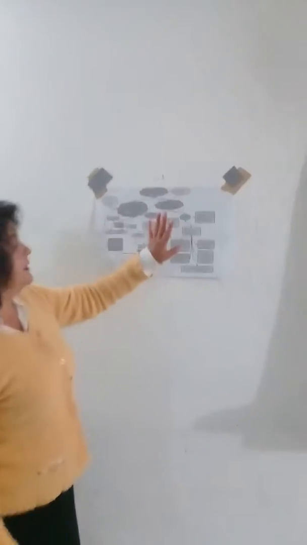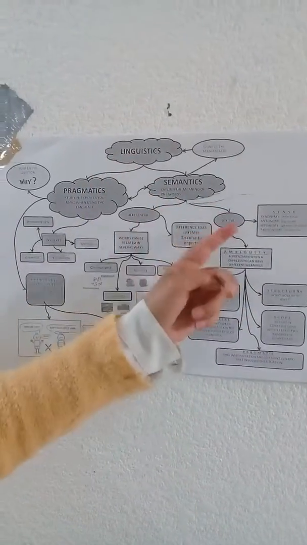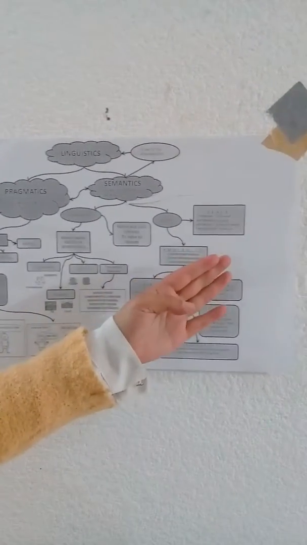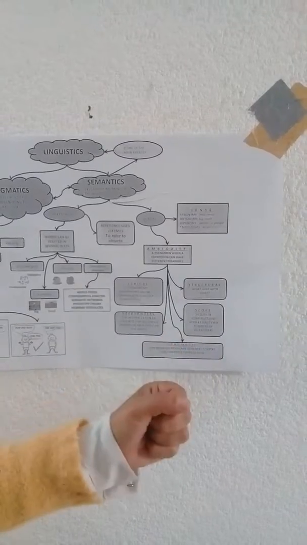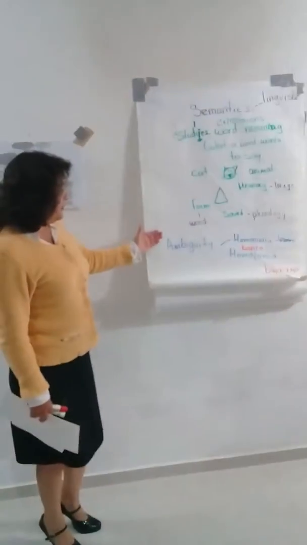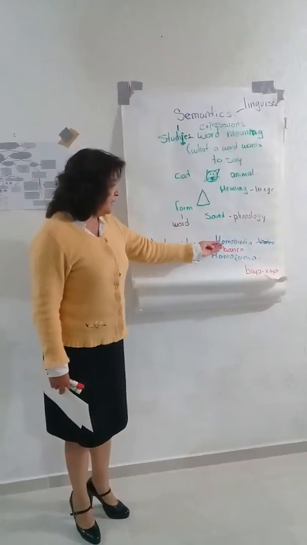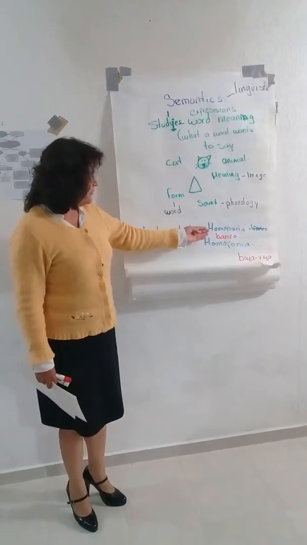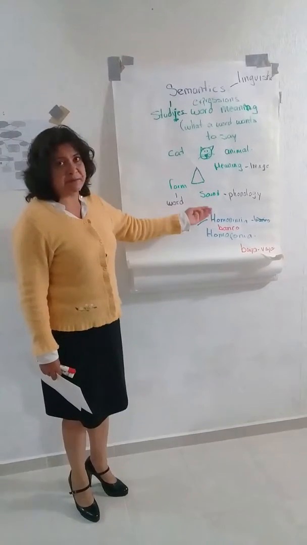Semantics divides in two, referential and lexical. About lexical, we have ambiguity. That is a phenomenon when an expression can have different meanings. Ambiguity can be homonymy and homophony. In the case of homonymy, they are words that are written the same.